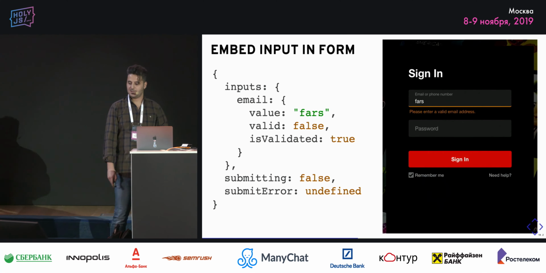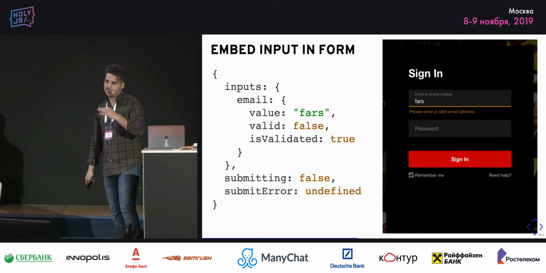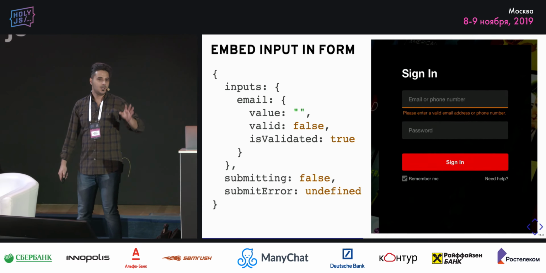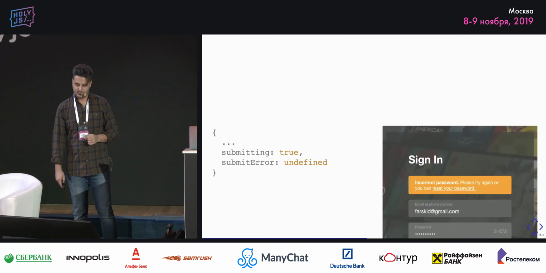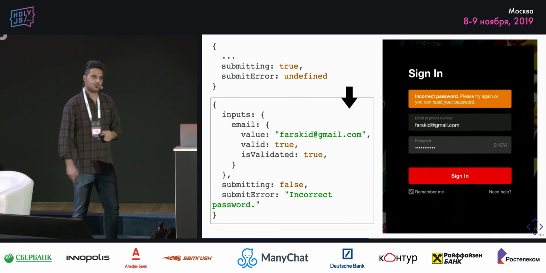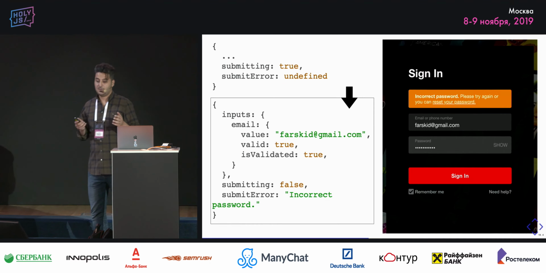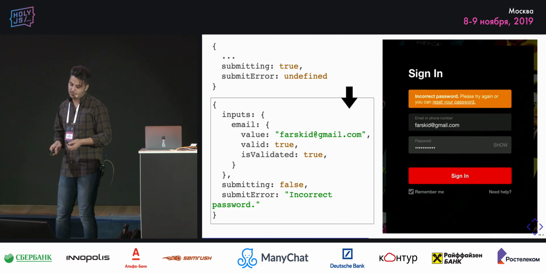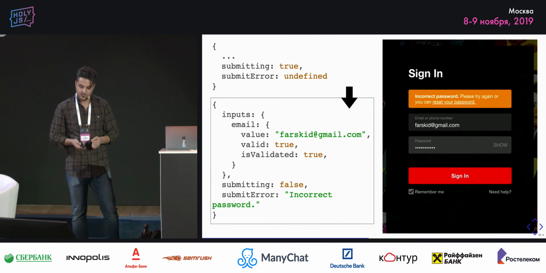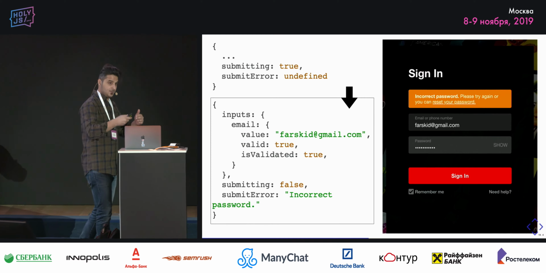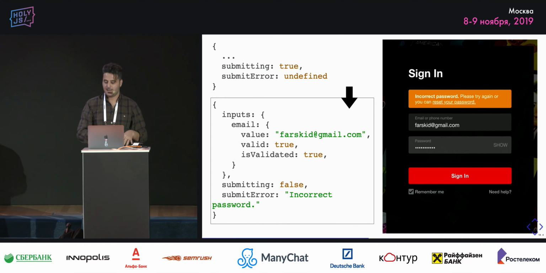Let's go through the variations again. These are all the variations and iterations of the input again. They don't affect the form itself. But when the form gets submitted, we toggle the submitting Boolean. We still have undefined error, and when the response comes, if it is an error, then submitting gets turned to false again, and there is an error.